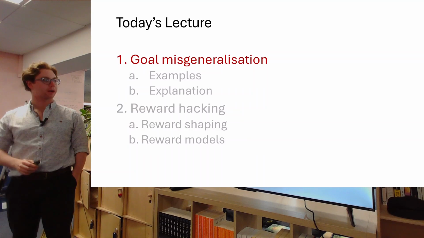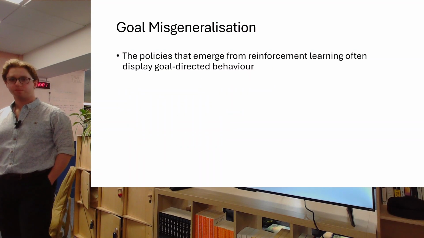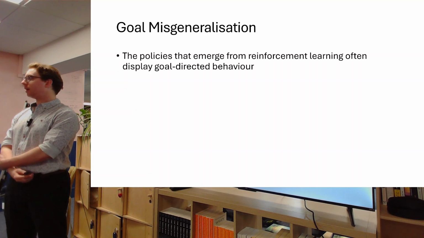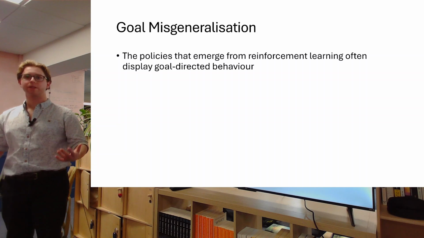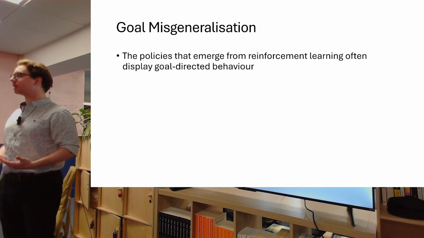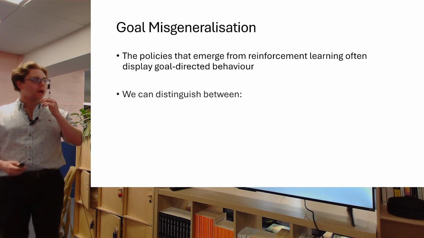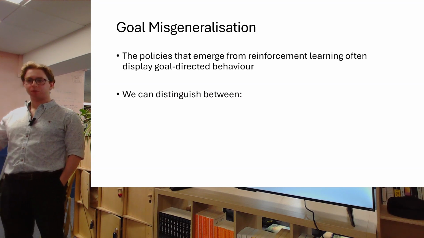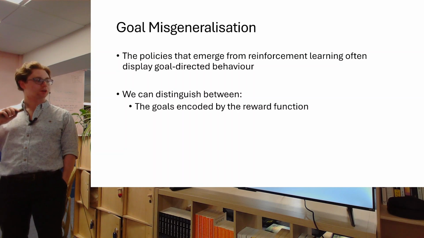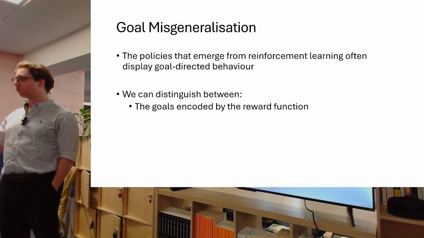So we'll start by talking about goal misgeneralization. When we train an agent through deep reinforcement learning, regardless of the method, we often see goal-directed behavior displayed by that agent. And we can distinguish between two different types of goals. We can distinguish between the goals that are encoded by the reward function.